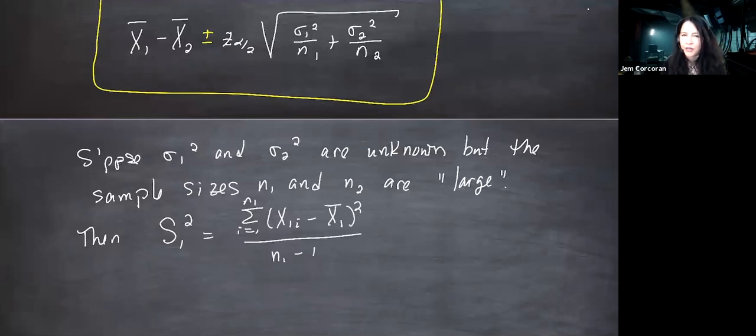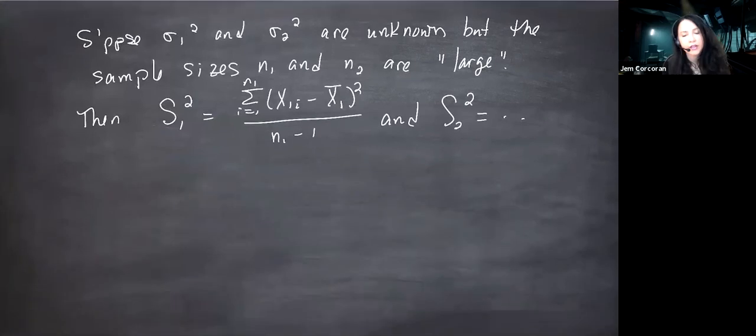You know what it is. You don't want to get bogged down in this notation. It's the sample variance for the first sample. And S2 squared is what it is. So if the sample sizes are large, then S1 squared, I'm claiming, and S2 squared are getting close to sigma 1 squared and sigma 2 squared.